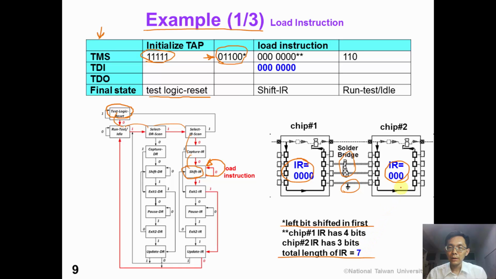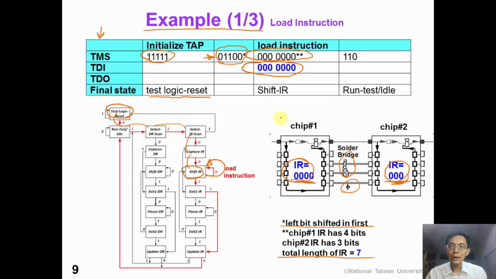Remember that the instruction code of external test is specified to be all zeros by the JTAG standard. So we apply a sequence of 7 zeros on TMS. At the same time, there are 7 zeros in TDI.